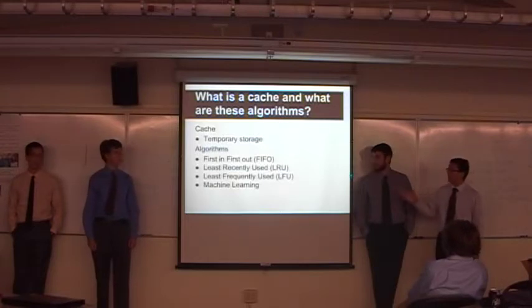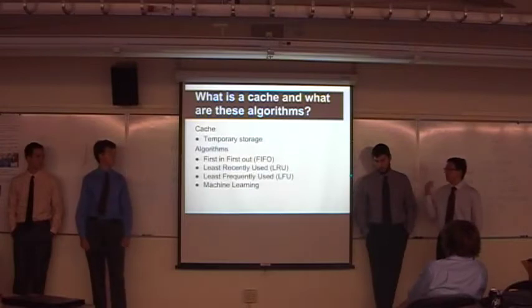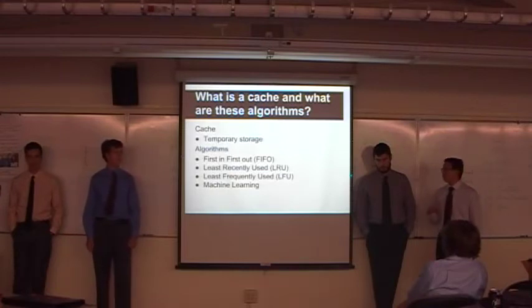And here are the algorithms that are generally used to decide what to cache and what to evict from the cache. First in, first out is exactly as the name states. You evict the first thing that you cached when the cache is full. The least recently used will evict the least recently accessed item from the cache.